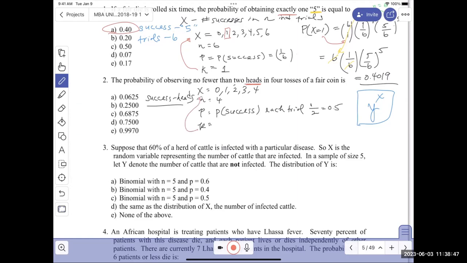So go back here, which is K. It says no fewer than 2 heads. So what's no fewer than 2 heads? 2, 3, 4. So we have to add up for 2, 3, and 4. So we have to repeat K 3 times. So let me erase, clean up my screen a bit.